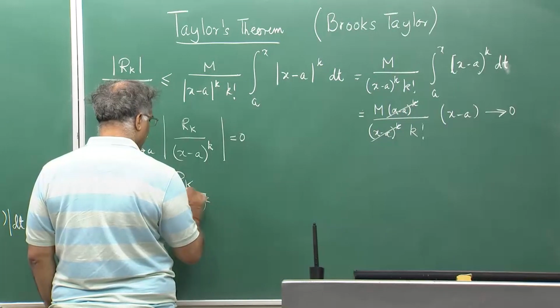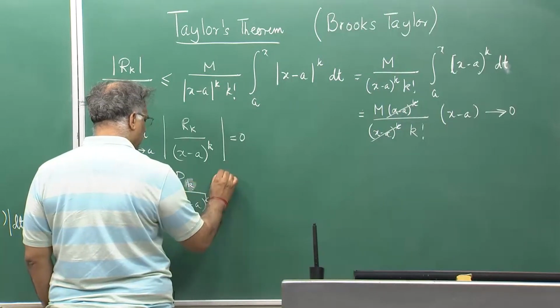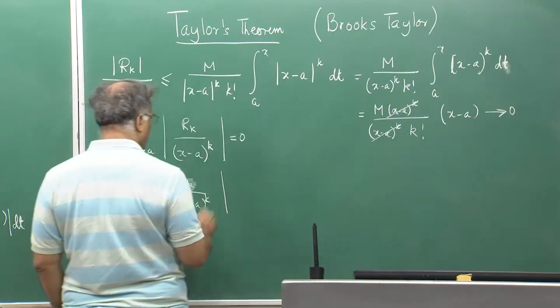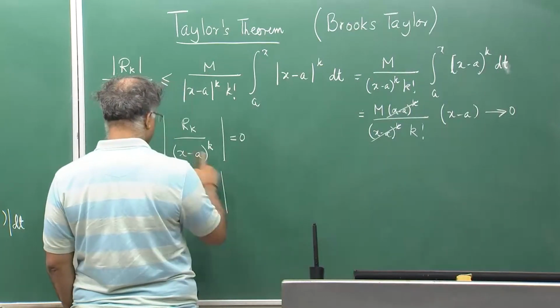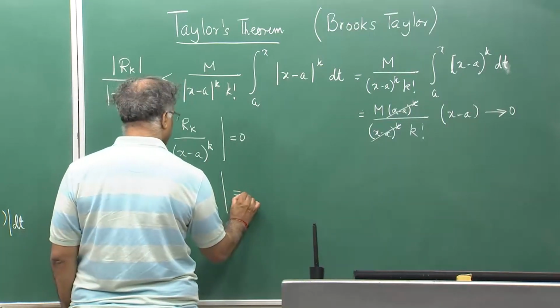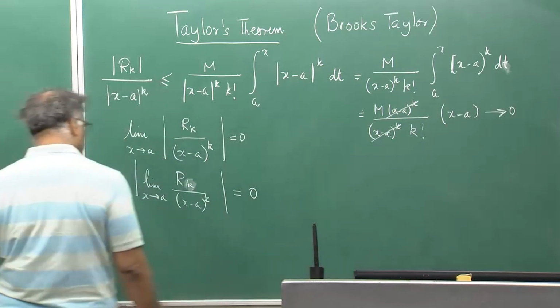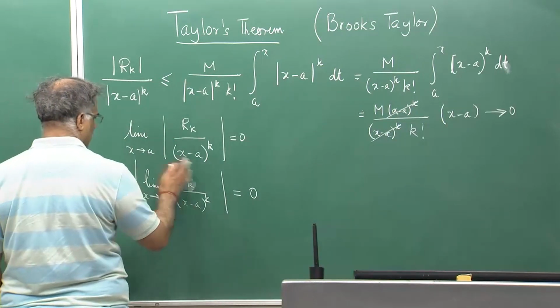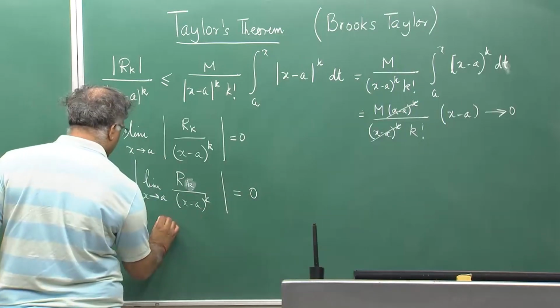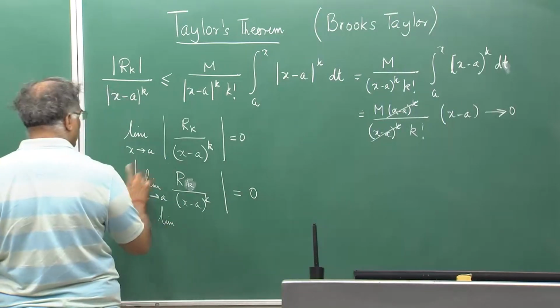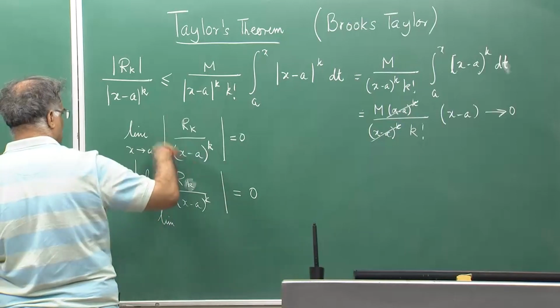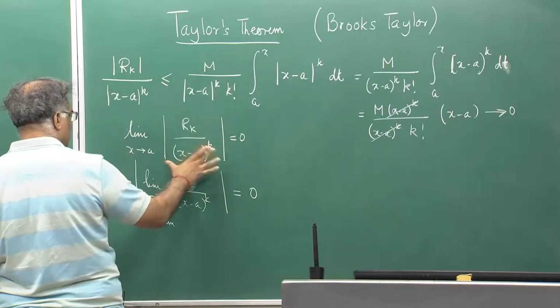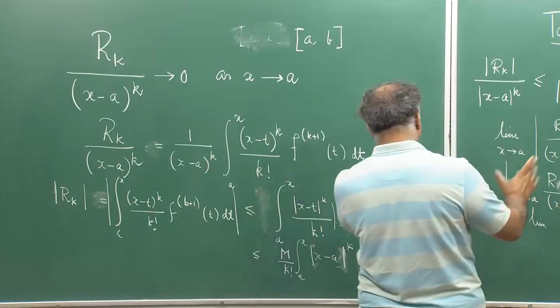Because I can limit and the modulus can be swapped, because the mod is a continuous function. So mod of something is 0. See, limit and the mod can be swapped, because mod is a continuous function, so I am using mod as a continuous function.